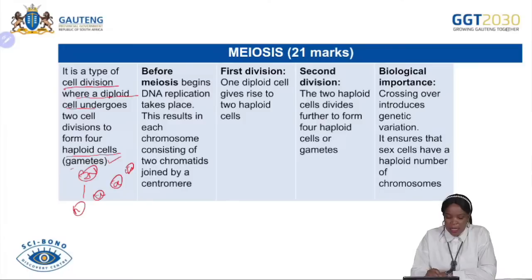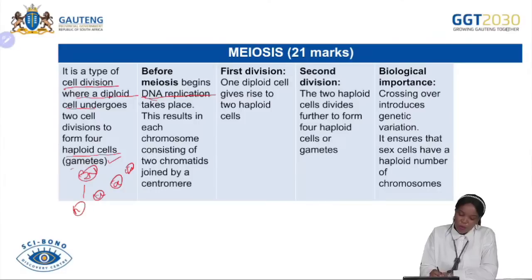Before meiosis begins, you must know that DNA replication takes place, which results in each chromosome consisting of 2 chromatids that are joined by a centromere. Now, you must know that this replication is the preparation stage for a cell division. Remember, we want our DNA to duplicate. We want it to double. So if you have a single-stranded chromosome, now it's going to be a double-stranded chromosome.